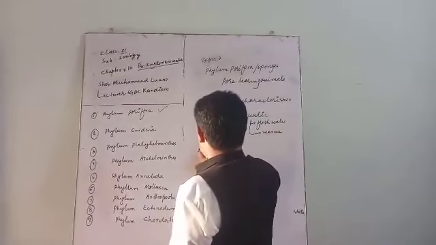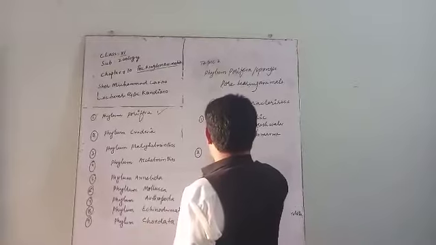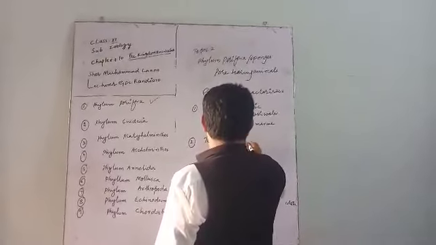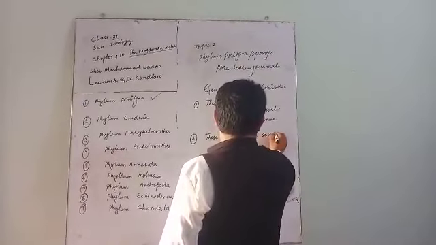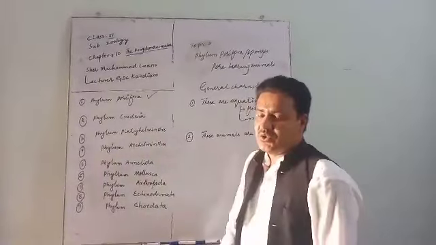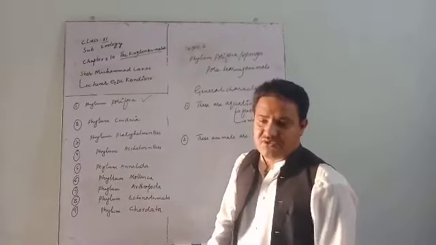Number 2, these animals are sessile. Now, what is sessile? Sessile is a term used for those organisms that have no ability to move.